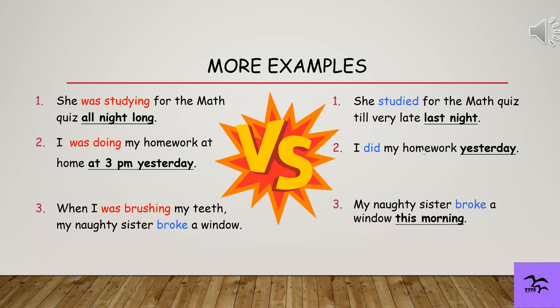And the one on your left, in past continuous tense, gives a very specific time when the window was broken. Maybe when you say this, you want to explain why you couldn't stop your sister. It was because you were brushing your teeth and couldn't pay attention to her.